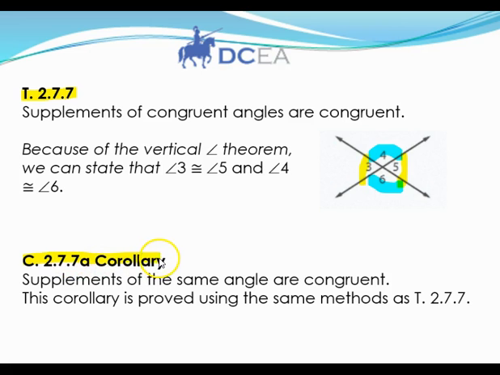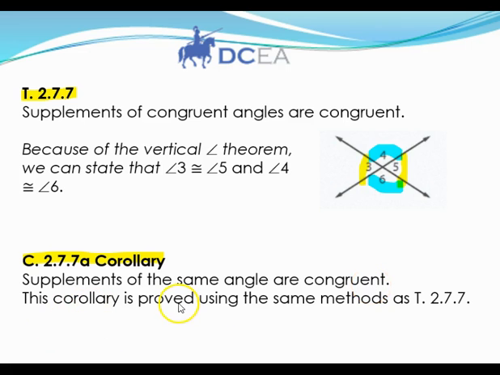Now we have our first corollary. Corollaries are very interesting. They proceed out of the theorems that they follow. So many times when you do a theorem, it also has other things that will be proved. In this case, for Theorem 2.7.7, supplements of the same angle are congruent.